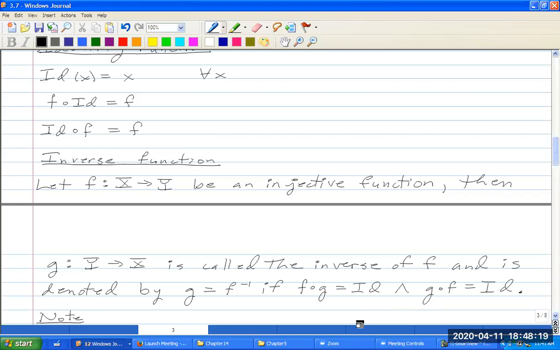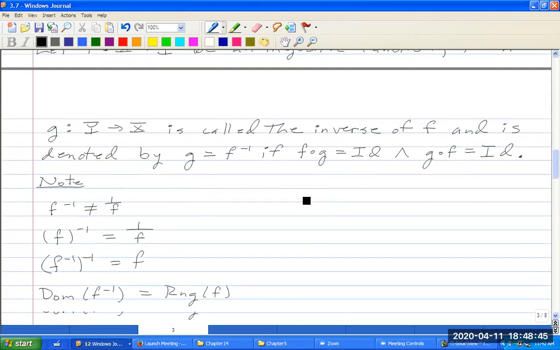Note that some books require that it not only be an injective function but a bijective function, because it depends on how you want to define functions, if the codomain is always required to equal the range of the function, which in many books it is.